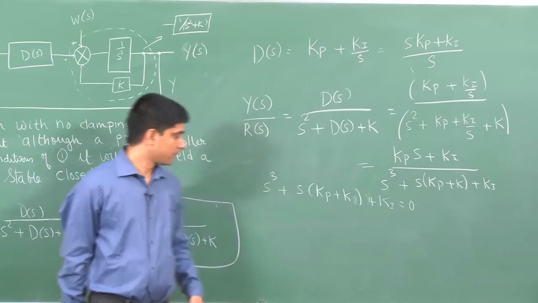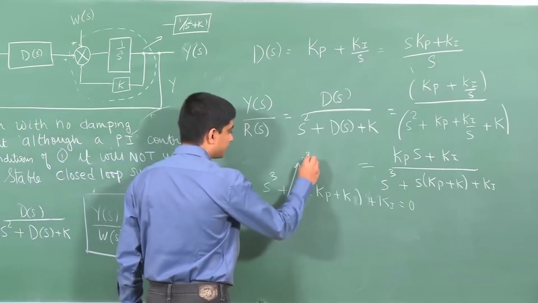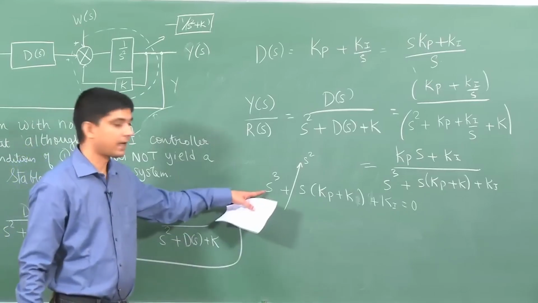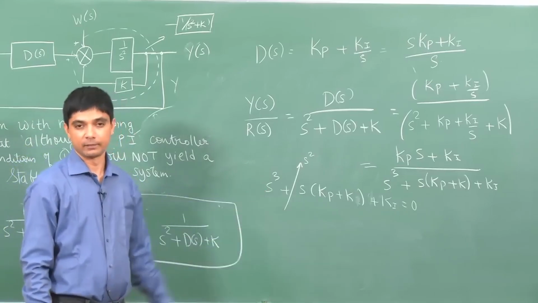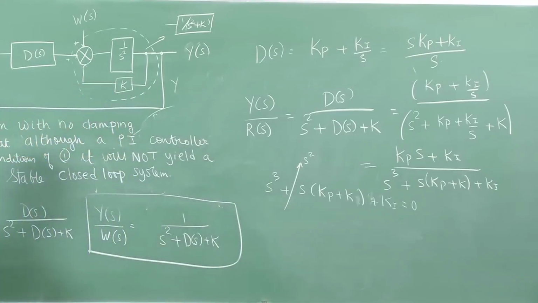You may just want to do it by the route table, but you see that there is no s square term here. The s square term is missing, and as long as that is missing, you will never have a closed loop system that is stable. As a little exercise, you can just convince yourself by drawing the route table.